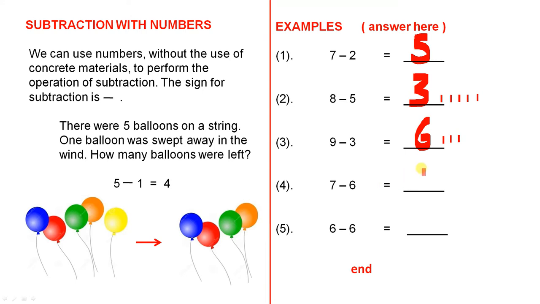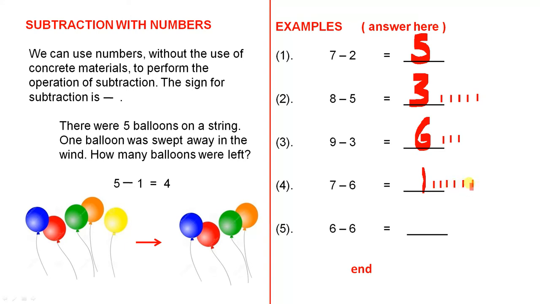7 take away 6 gives you 1. Put your pencil on the 1 and count 6 places to the right. 1, 2, 3, 4, 5, 6. There we are. And that's 6 places. Now let's count 1 place at a time to the right. So if we're at 1, we go 2, 3, 4, 5, 6, 7.